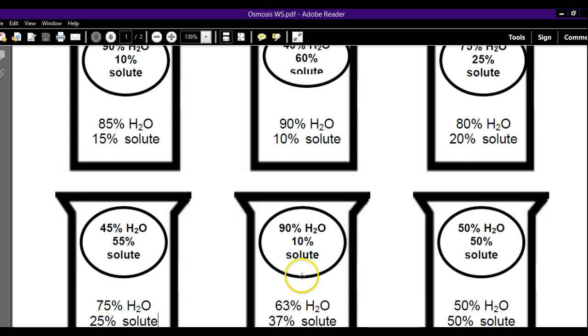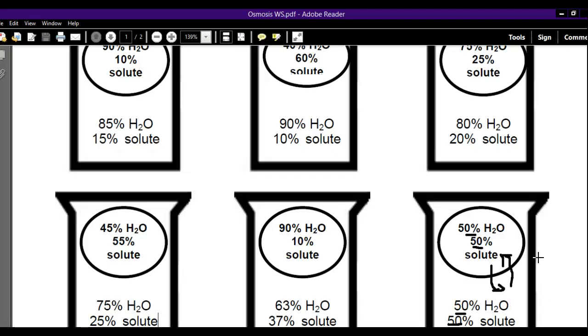Okay, so here we have an isotonic solution. We have 50% water on the inside with 50% solute. Same here, okay? So water is going to be moving in and out at equal rates, and that means that there is not going to be any net movement. Like I said, one molecule of water is going to move in, one molecule of water is going to move out.